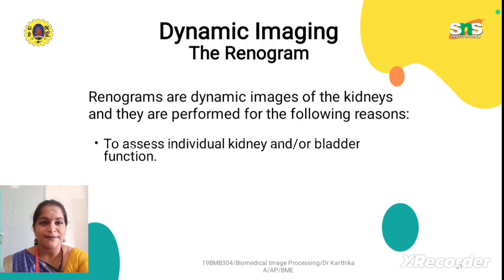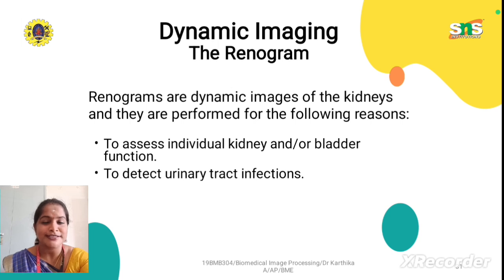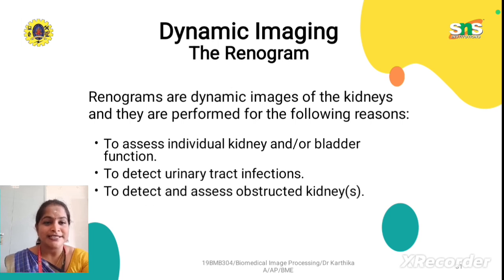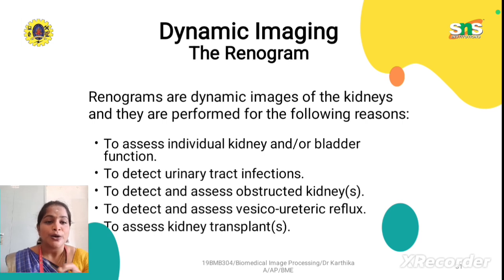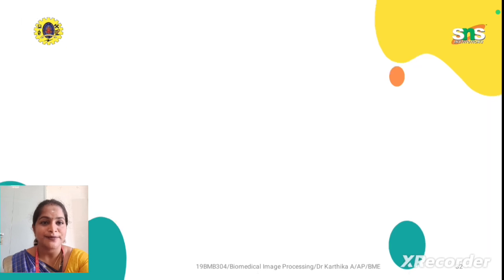Renograms are dynamic images of the kidneys, performed to assess individual kidney or bladder function, to detect urinary tract infections, to detect obstructed kidneys, to detect and assess vesicoureteric reflux, and to assess kidney transplants.